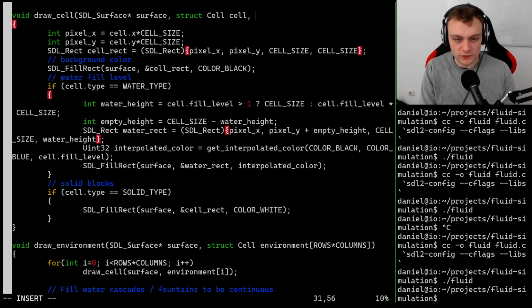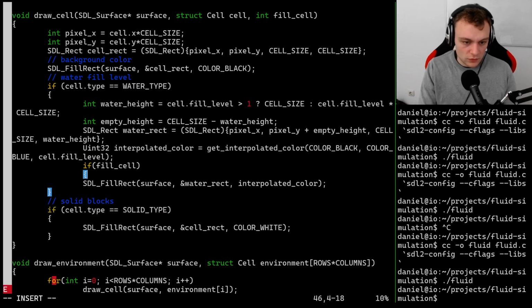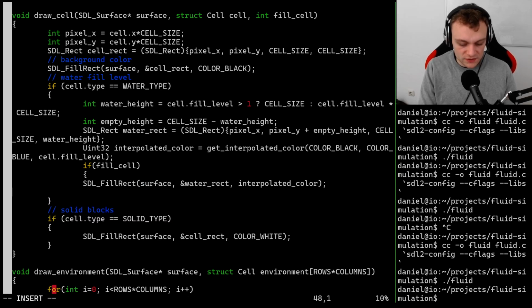Okay, let me introduce the fill cell value here again, and if fill cell, then we fill the cell rectangle.